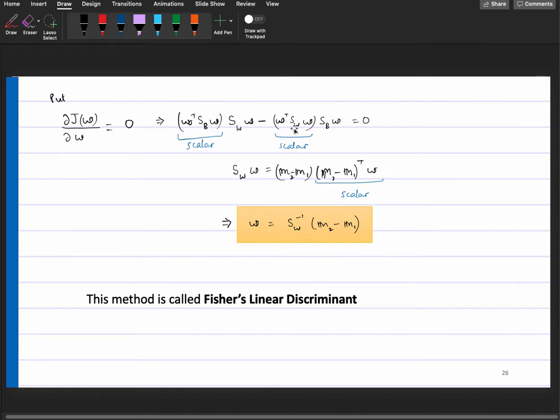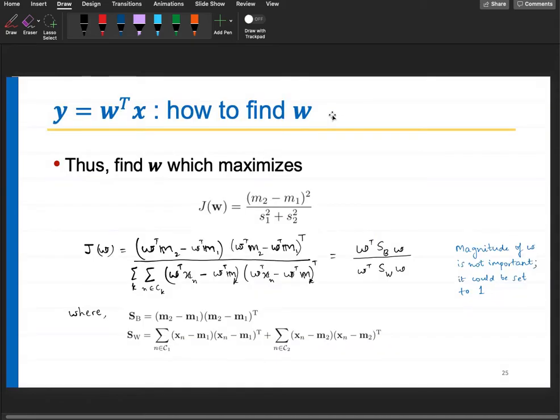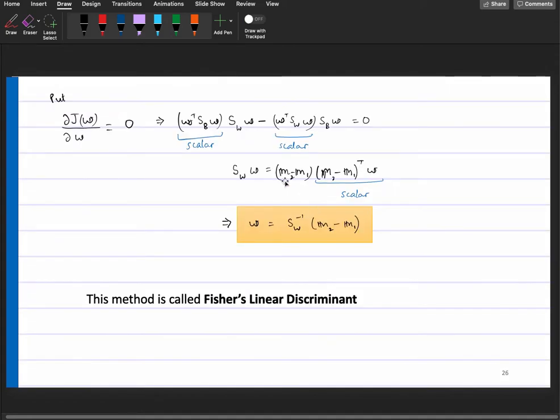Next, now you expand SB. Your SB is basically, if you go back here, M2 minus M1 times M2 minus M1 transpose. So M2 minus M1 into M2 minus M1 transpose times W, and you have the scalar terms like W transpose SB W divided by W transpose SW W, another scalar term.